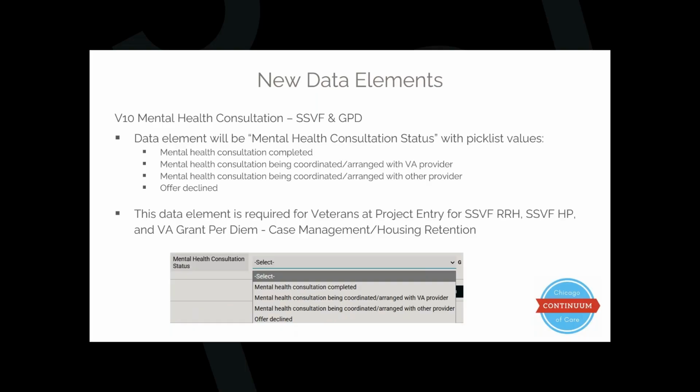So this question is going to be available on the SSVF assessment as well as the GPD assessments. And starting October 1st, again, you'll have to begin completing this. And this is going to be required for SSVF rapid housing, SSVF homeless prevention, and then VA grant per diem, case management, and housing retention.